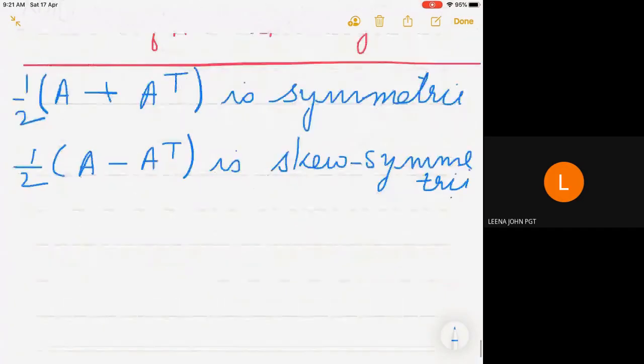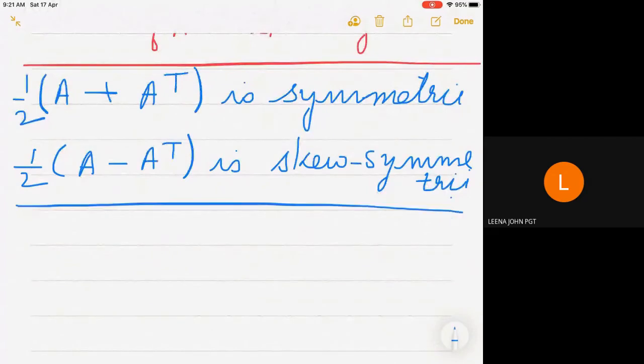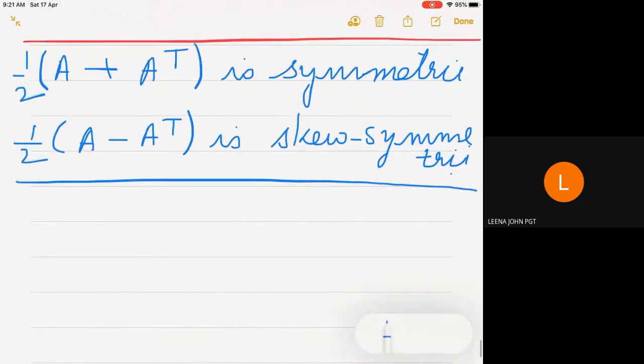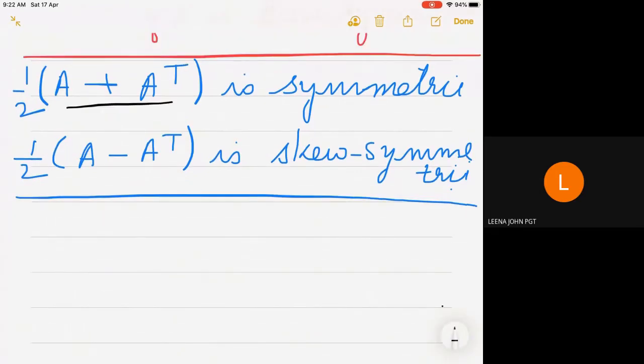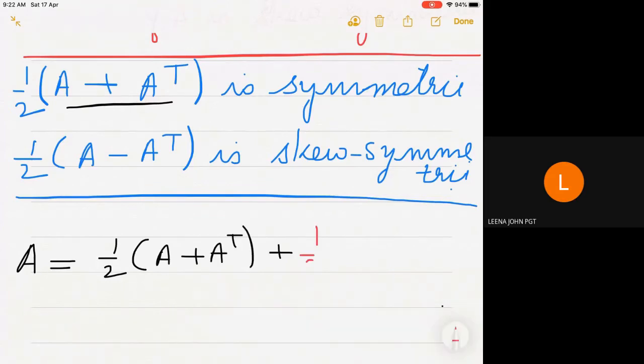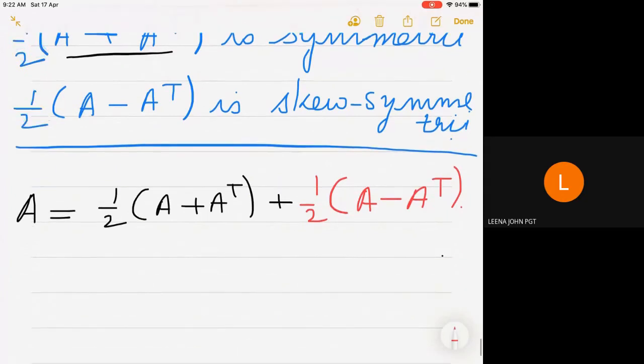Now, by keeping these two in mind, we can create a very interesting theorem. Suppose we are adding these two matrices, you get A, or you can write A equal to half of A plus A transpose plus half of A minus A transpose. So every square matrix you can write like this.